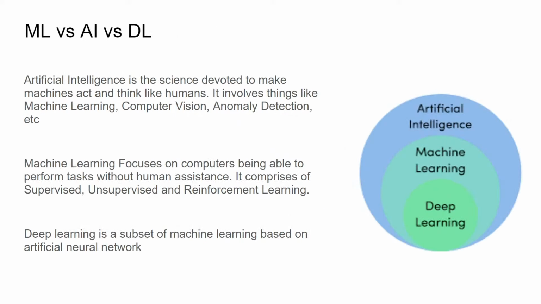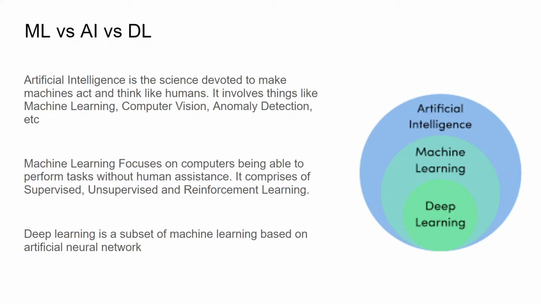Moving ahead, just like I said, deep learning is a subset of machine learning. So it needs to be clear what these terms mean. In pop culture we use AI, ML and DL interchangeably, but they have slight differences.